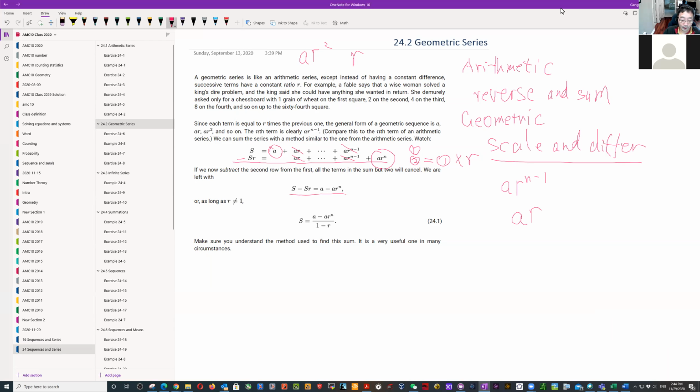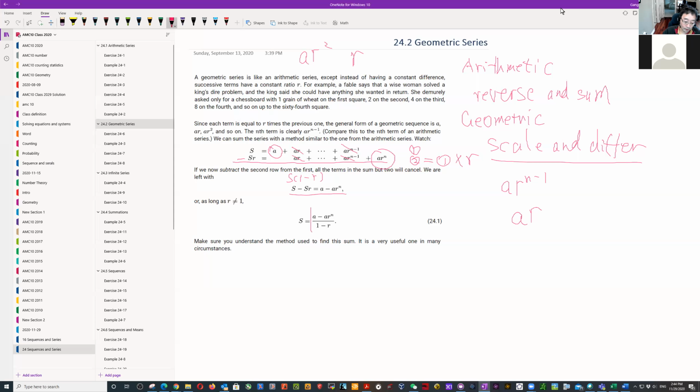Then we can solve for S. We factor out 1 minus R, and S will be equal to A minus A R to the nth, over 1 minus R.